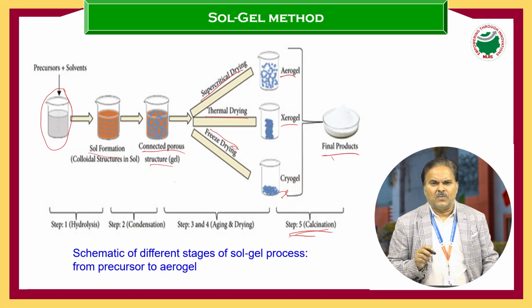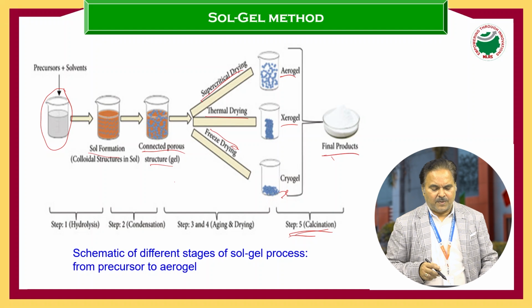Whereas zinc oxide, it will be more than 200 degrees centigrade. So we have to make some thermal analysis, then we can know where the water quantity is going out from that network. In that way, we choose the suitable temperature to make nanoparticles.